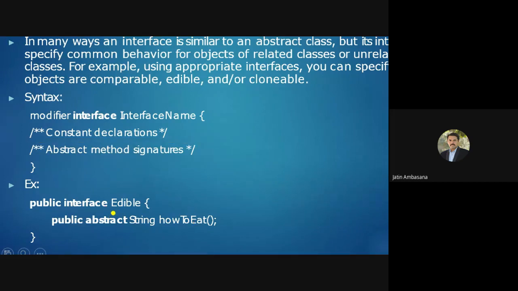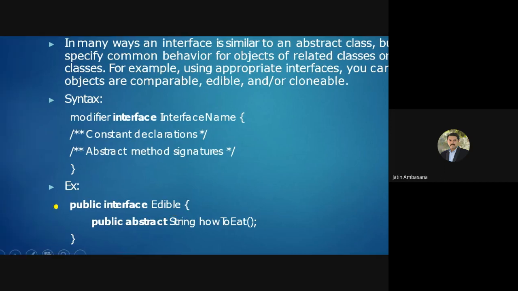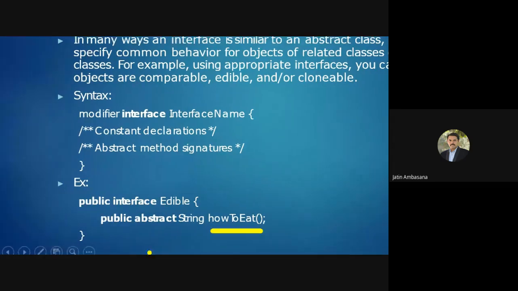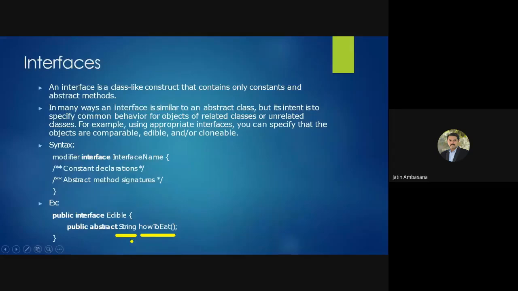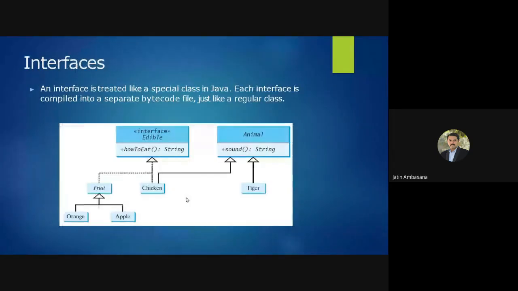So interfaces are like this. This is an example: public interface Edible, and it has an abstract method howToEat, which returns a string value. Okay. Now see, interface is basically treated like a special class.